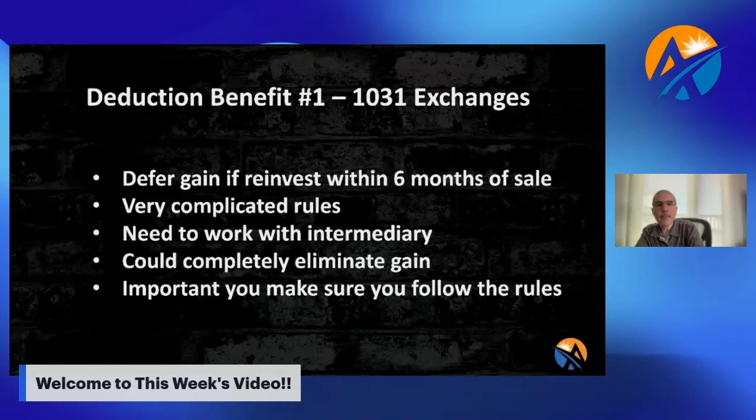In fact, if you could do a 1031 exchange for the rest of your life, and then upon your death the property goes to your heirs, you and your heirs could avoid paying any taxes on gains from the sale of that property up to the point of your death.